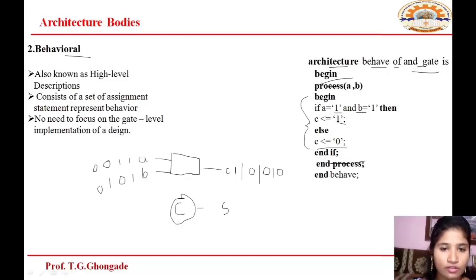Now the synthesis tool is somebody who looks at your code and says, okay, this is what you are trying to say and I am going to make an AND gate for you.